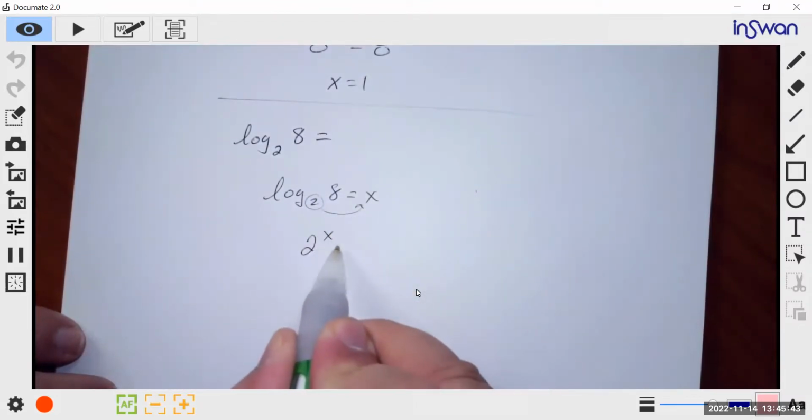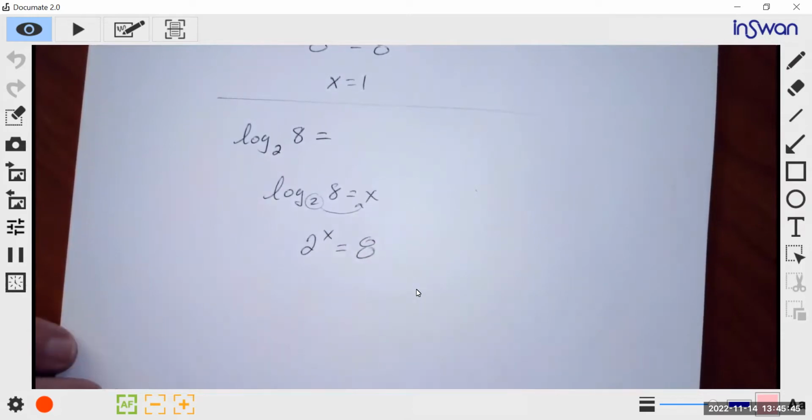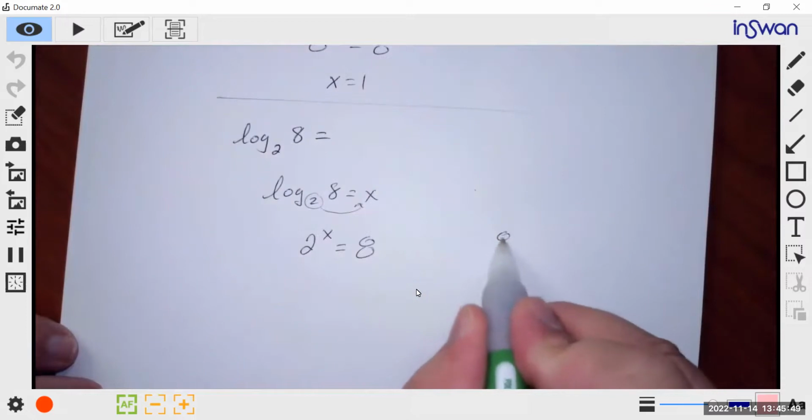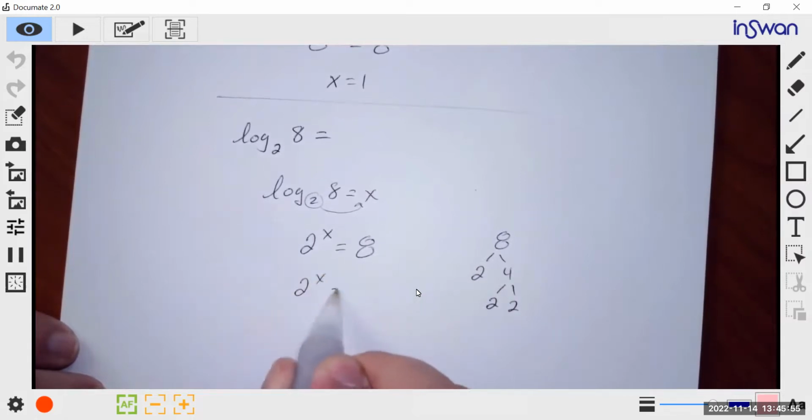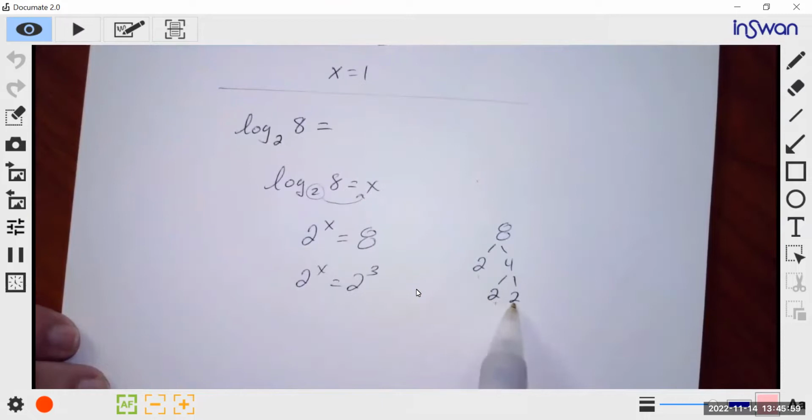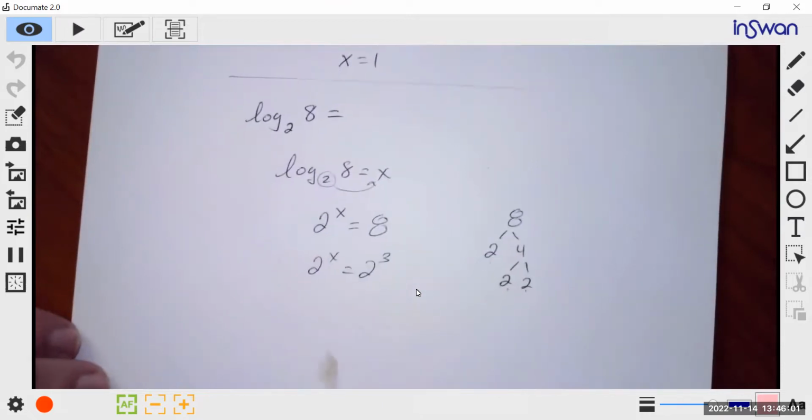So 2 to the X equals 8. What is 8 made up of? It's the same thing as 2 to the third, 2 times 2 times 2. Since the bases are the same, the answer has to be 3. That's your answer.